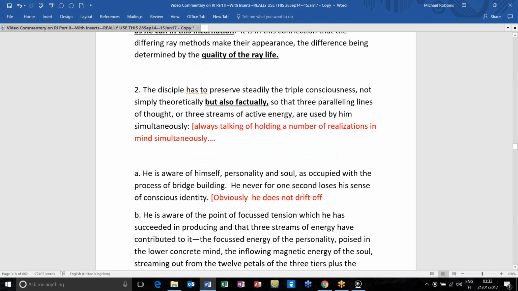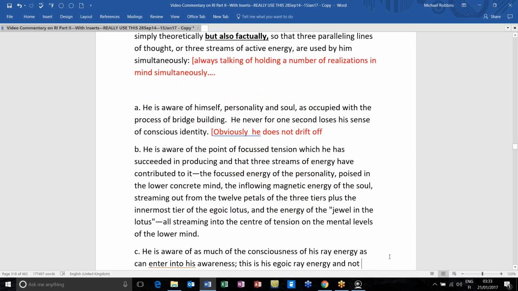He is aware of the point of focused tension which he has succeeded in producing on the mental plane, right? And the three streams of energy have contributed to it. The focused energy of the personality, poised in the lower concrete mind, the inflowing magnetic energy of the soul, streaming out of the 12 petals of the three tiers, plus the innermost tier of the egoic lotus.